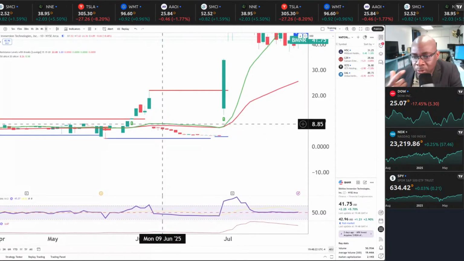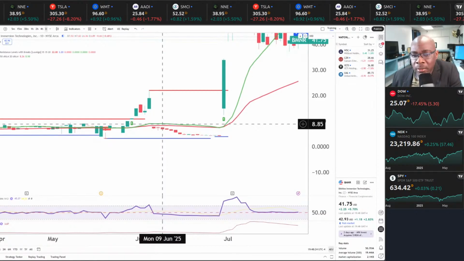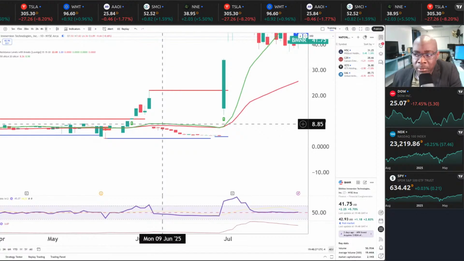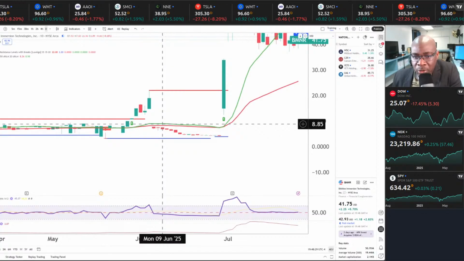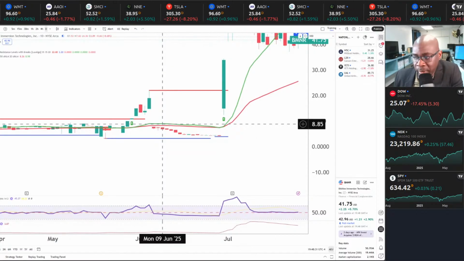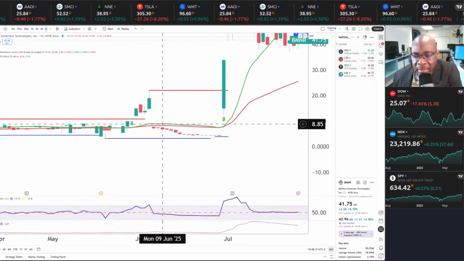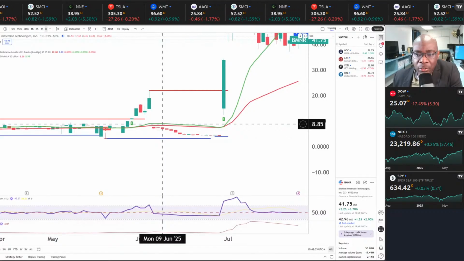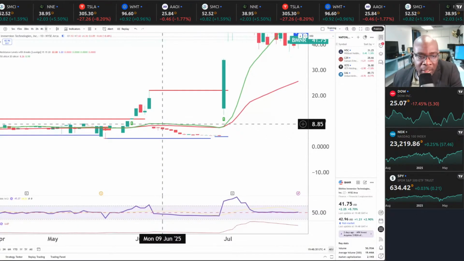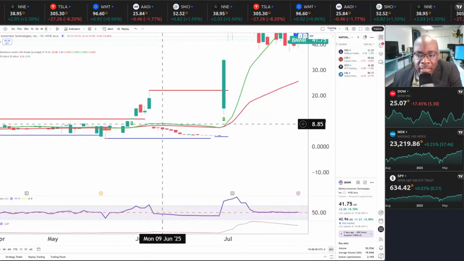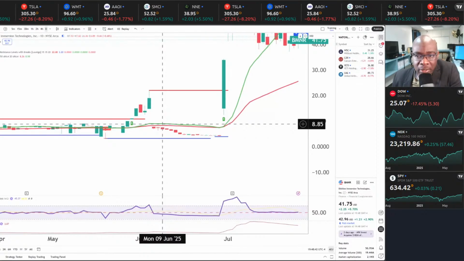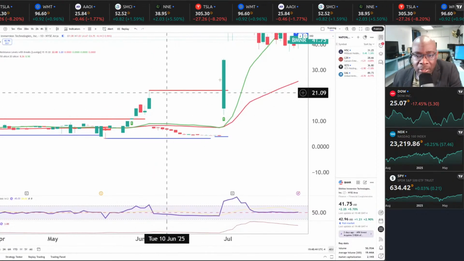You want to focus on using indicators that the majority of professional traders are using. You don't want to trade using indicators that somebody created, something new that nobody's ever heard of. If you trade with that indicator, you're more than likely going to lose money.